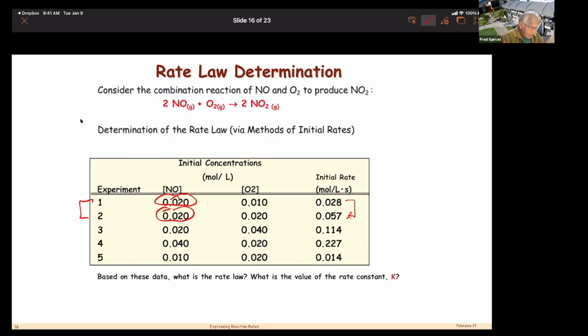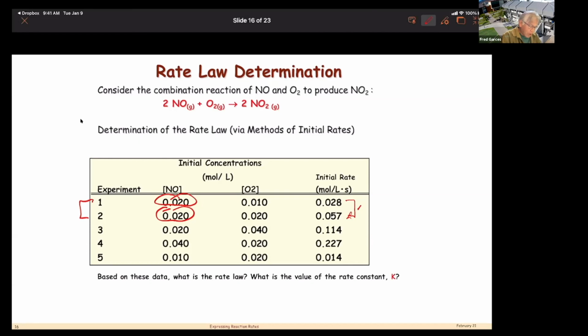Because NO is constant, it did not influence this change in the rate of the reaction. It was the change in oxygen that caused this change, because we're not changing the concentration of NO between experiment 2 and 1. So we can use that to simplify the math and then figure out the value of one of the variables.